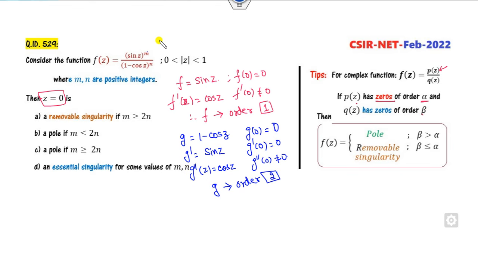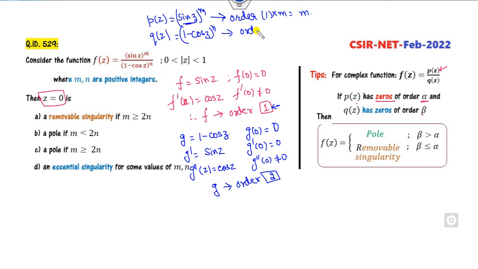So if I consider p of z as sin z to the power m, what is the order of the sin z? 1. So this is 1 into m, that is m. If I consider q as 1 minus cos z raised to power n, this has order 2, so the order is 2n. So alpha is my m, beta is my 2n.